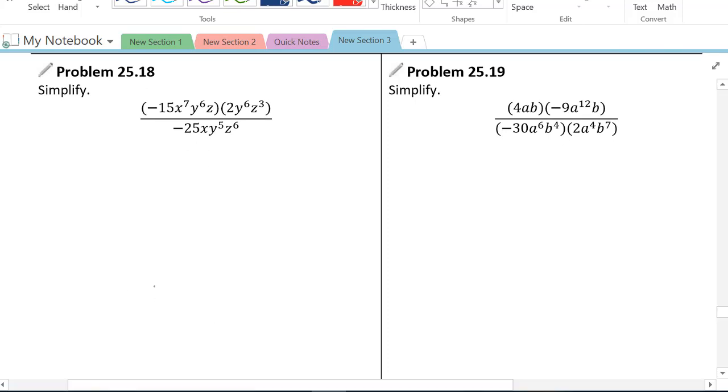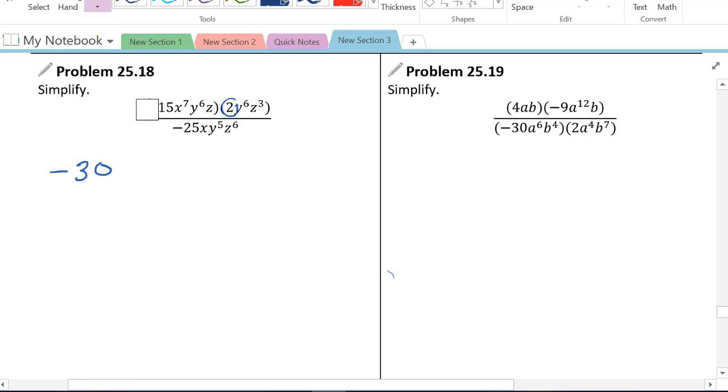All right, so same thing. We're going to do negative 15 times 2, right? Negative 15 times 2. That's going to be negative 30.